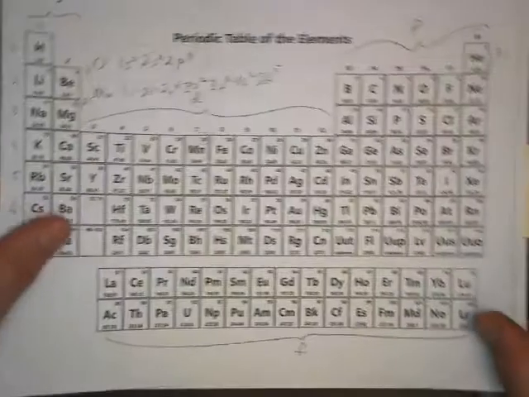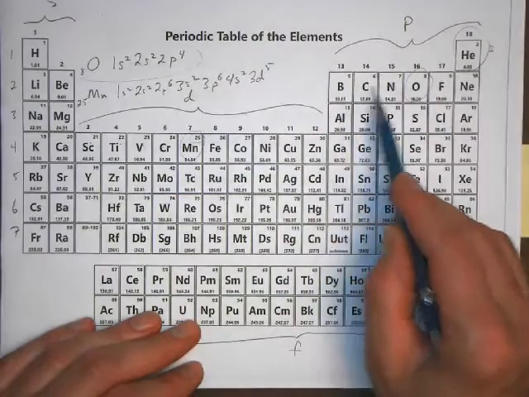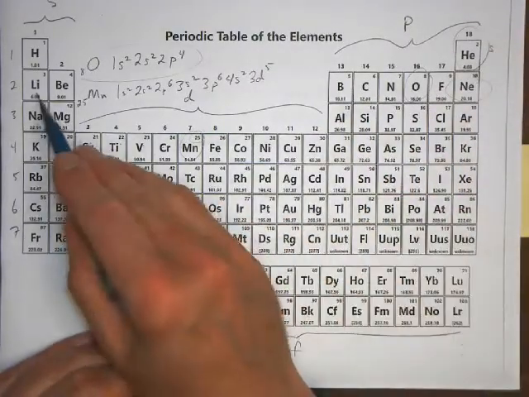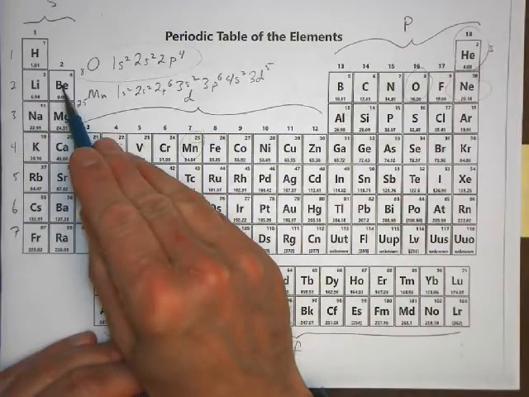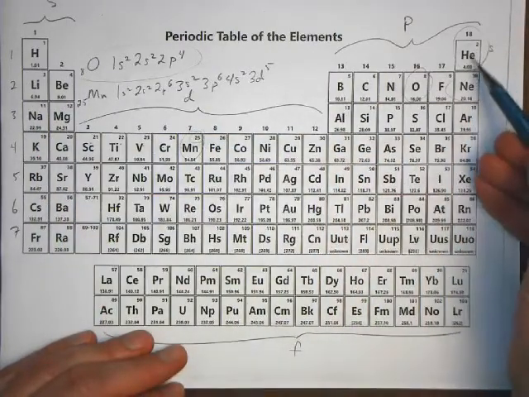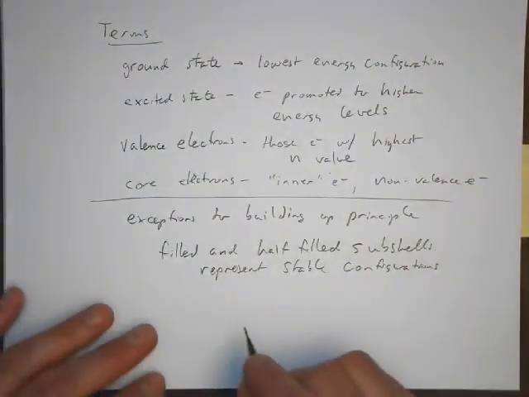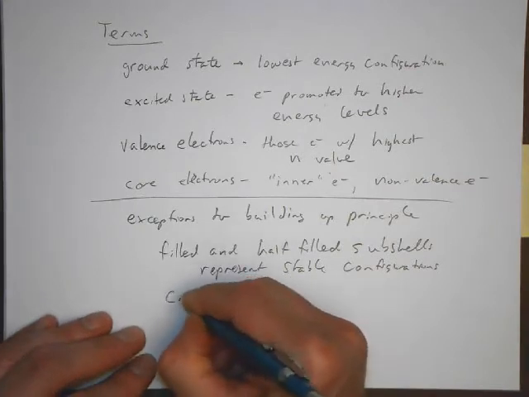So, for example, when we have neon, we've filled the s and the p, and the noble gases are extremely stable. Something similar to that might happen in a case such as this. Let's say we have chromium.